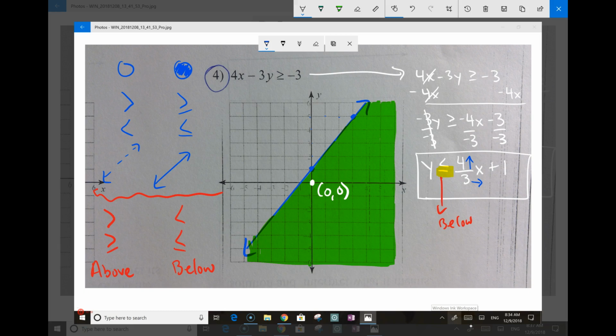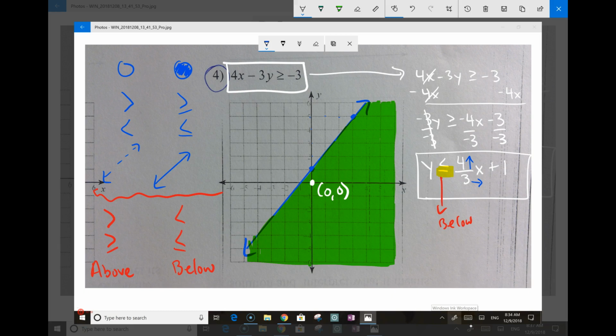So by taking 0, 0, I want to go back to the original inequality, not what I changed it into. You go back to the original to ensure that you're testing a point in something that is flawless. I could have made a mistake when I changed it into slope-intercept form. So I don't want to check my 0, 0 in what I changed it into.